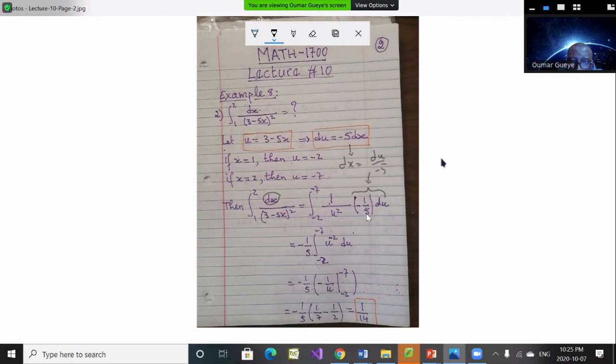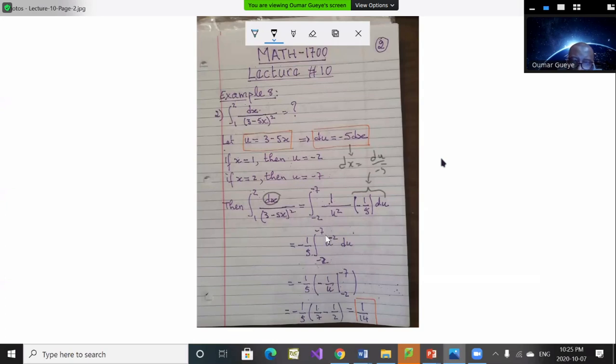Now, -1 over 5 is a constant, so we can take it out of the integral. It becomes -1 over 5, and we're going to integrate from -2 to -7. The 1 over u squared, I'm going to write as a power function, sending it to the top. It becomes u to the power -2, and you still have your du, meaning you integrate with respect to u.